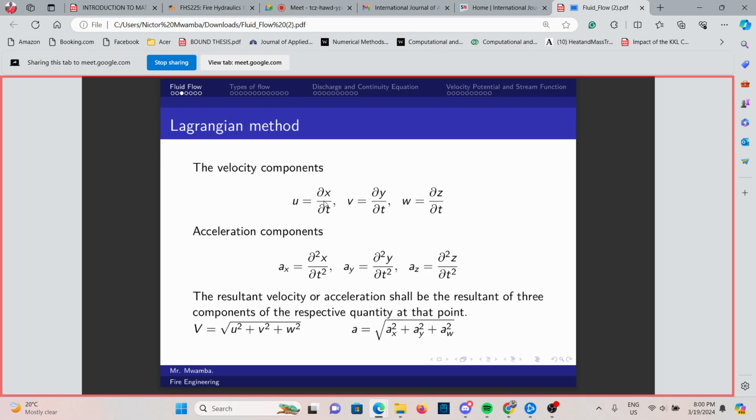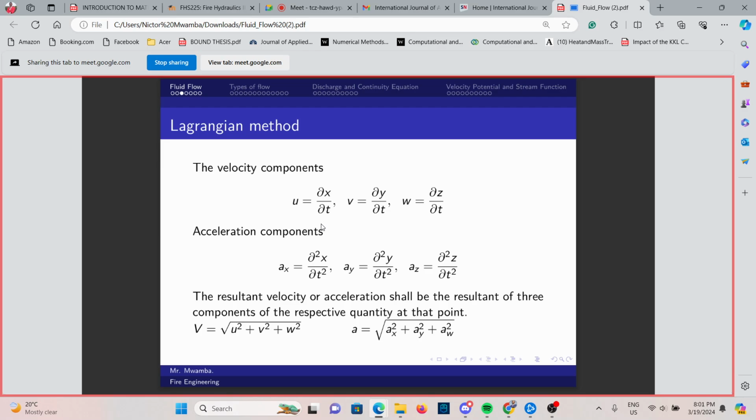So when you find the difference between 2 points in space and the difference between 2 points in time, what you get is the velocity along that direction. When you're finding the speed of a vehicle, we observe from the point where it is starting from to the point where you stop your observation.